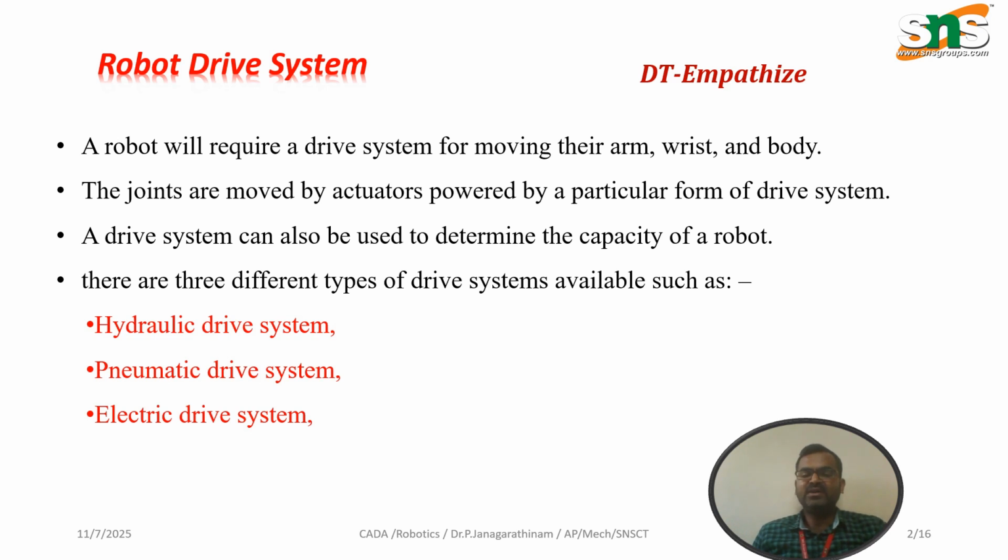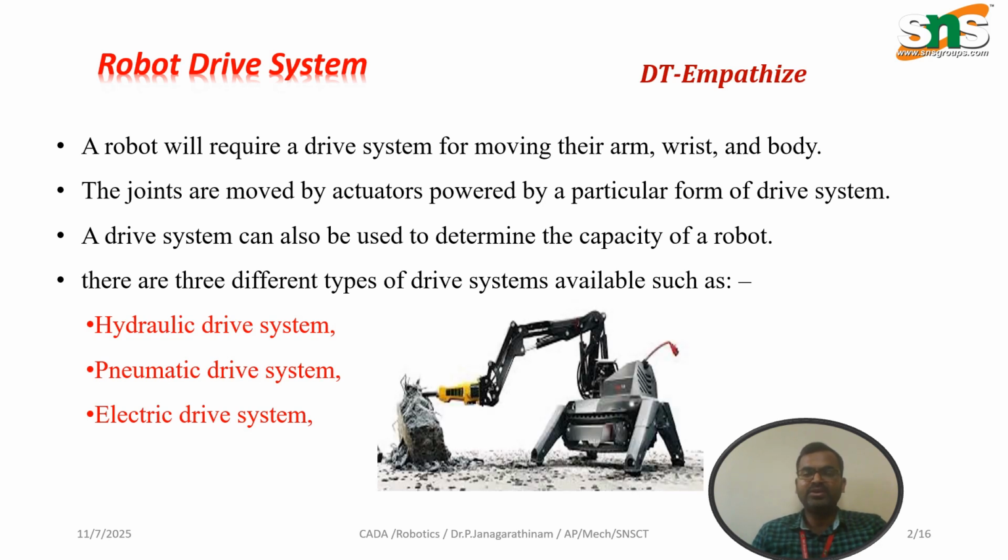The second one is the pneumatic drive system, which is controlled by using compressed air, which is used to control the operations or movement of the robotic system. Most probably, we use either the pneumatic drive system or the electric drive system. Electric drive system means we use electric motors, which will be attached to the wrist or arm of the robotic system, and will drive the entire robotic system.